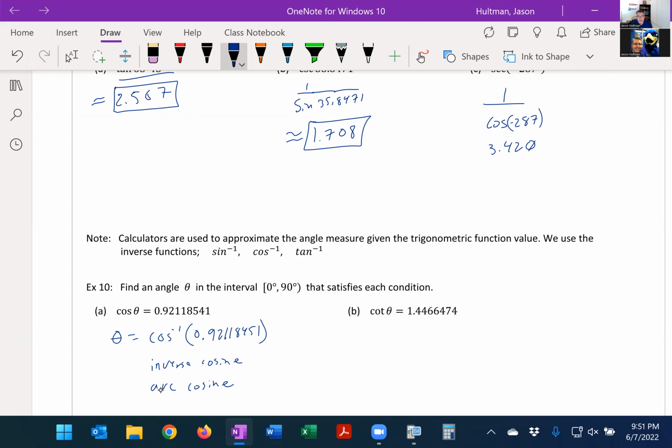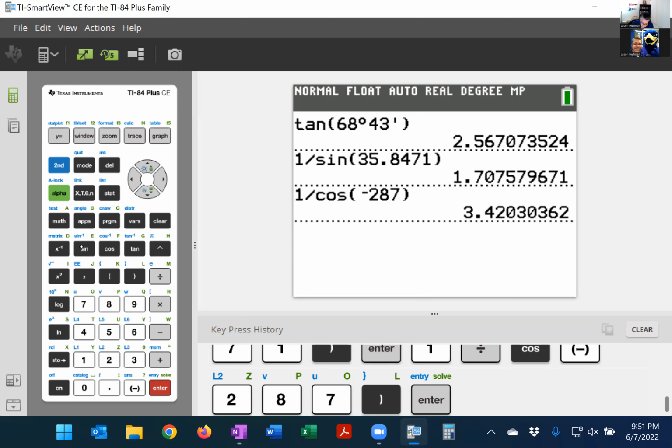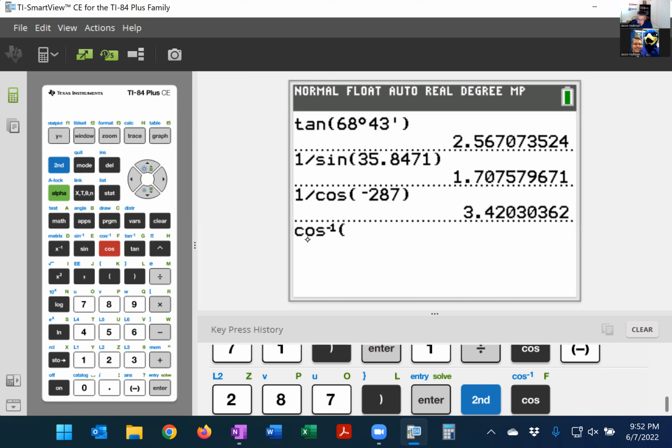There's a special inverse cosine. And again, this isn't the same as secant, okay? Don't get that confused. This is an entirely different function, inverse cosine, but it will give me an angle measure in degrees. So if I go to the calculator and I go inverse cosine, which is the second, and then I hit the cosine key. So it's the blue ones above the sine, cosine, and tangent here. So second inverse cosine gives me a cosine to the -1 power, which is inverse cosine.